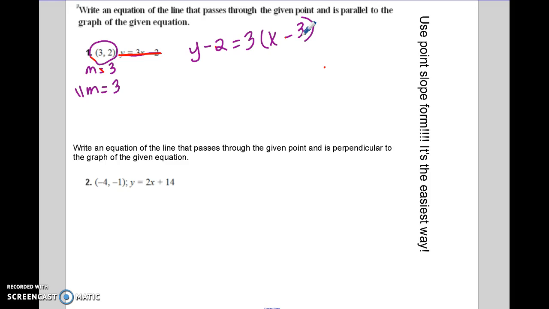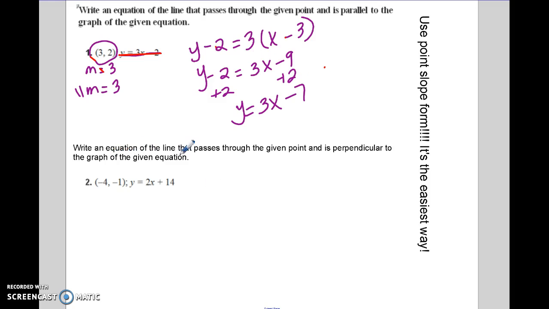And whenever you're looking for an equation of a line, you put it into slope-intercept form. So I'm going to solve for y. Move over the 2. And I get y equals 3x minus 7. So you see the slopes are the same because they're parallel, but their y-intercepts are different. Negative 2 and negative 7.